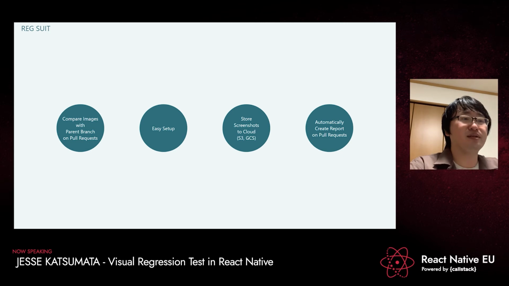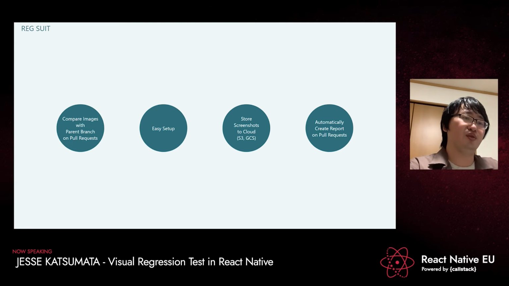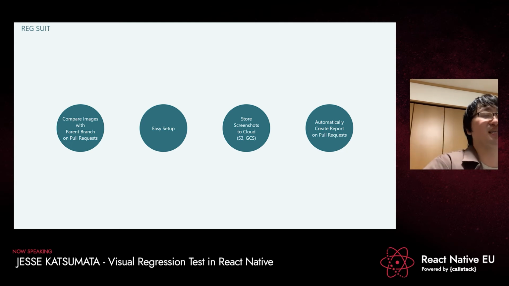This tool will allow you to store a series of screenshots of your components in an external cloud storage like AWS S3 or Google Cloud Storage. And every time you make a new pull request in a repository that has RegSuit integrated, it will make a comparison of the screenshots stored on the cloud storage with the new screenshots that you've made.